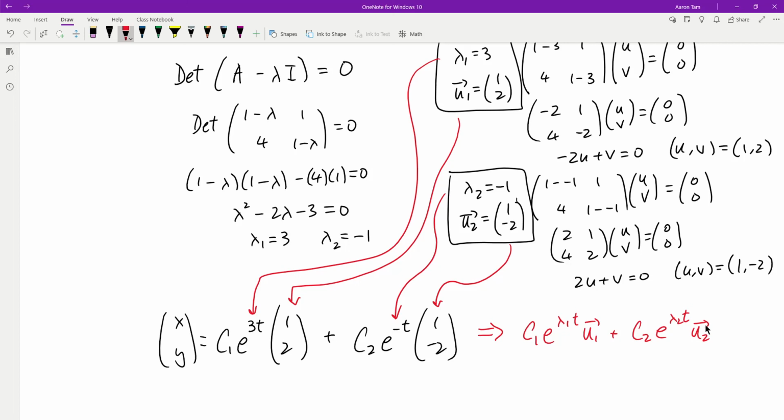And that creates a possible way to generate the solution to a system of differential equations, which is summarized right here.